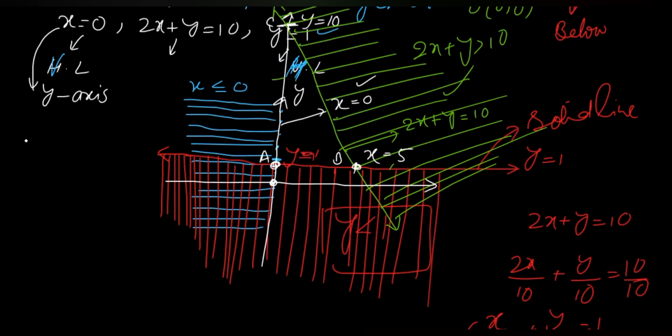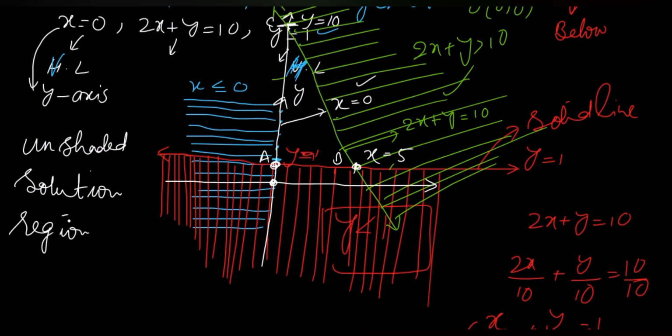So you can write it as: unshaded solution region is given by the triangle.